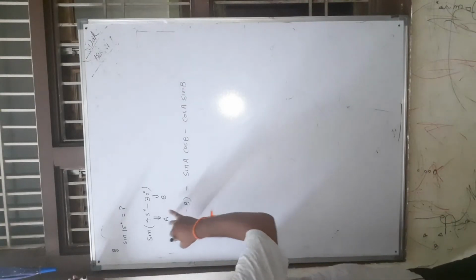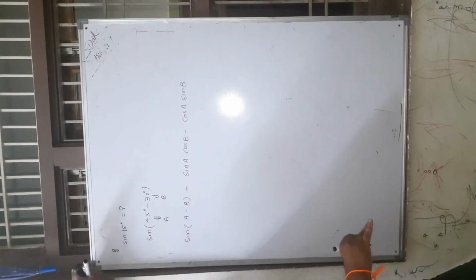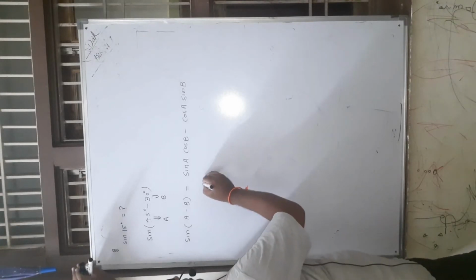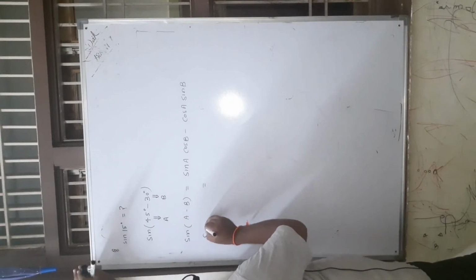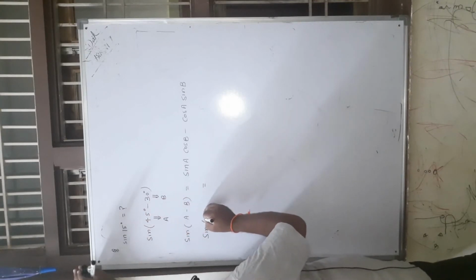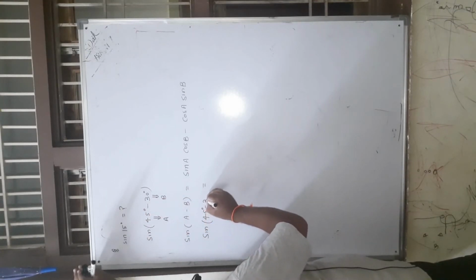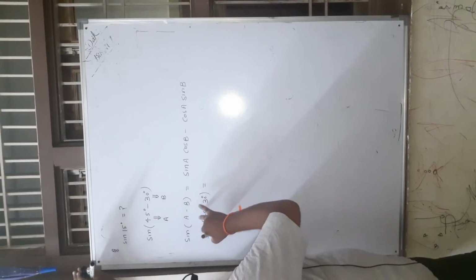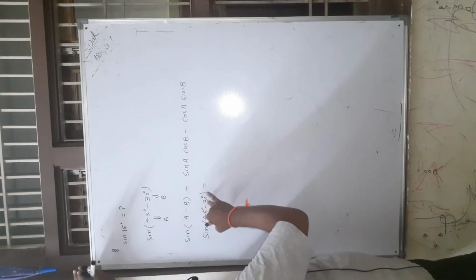So here A is equal to 45 degree and B is equal to 30 degree. We have to calculate the value of sine 15 degree, and 15 degree can be written as 45 minus 30 degree. So here A is equal to 45 and B is equal to 30 degree.